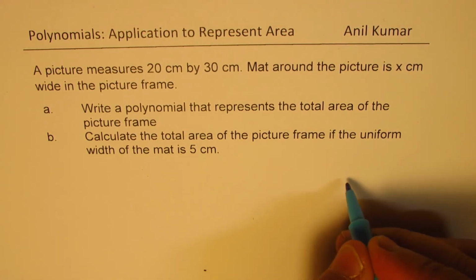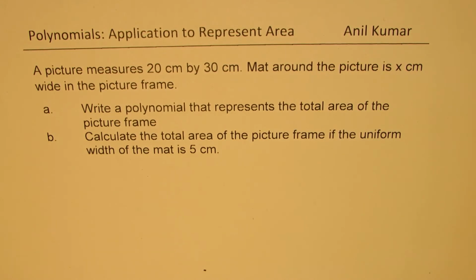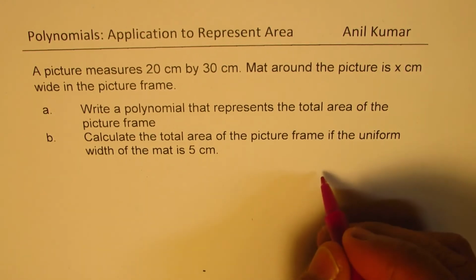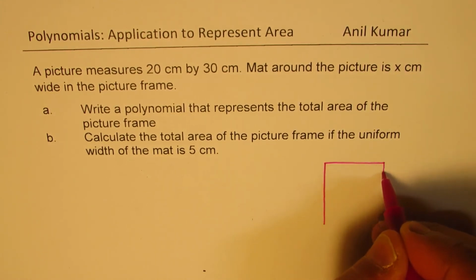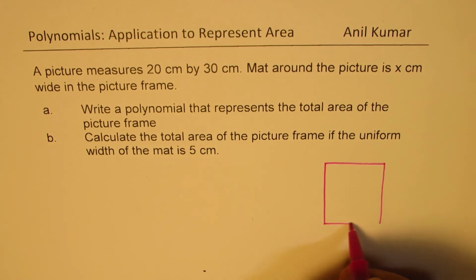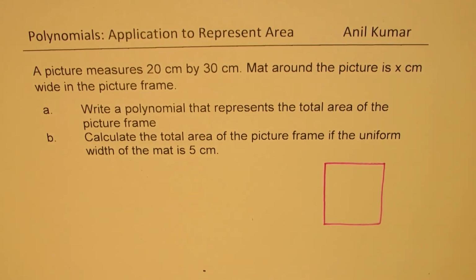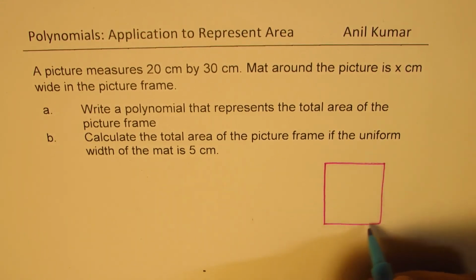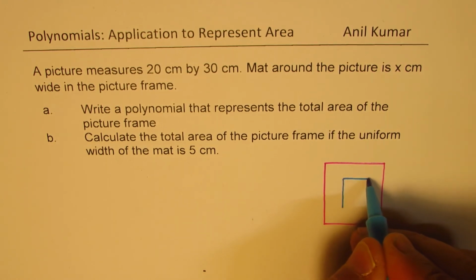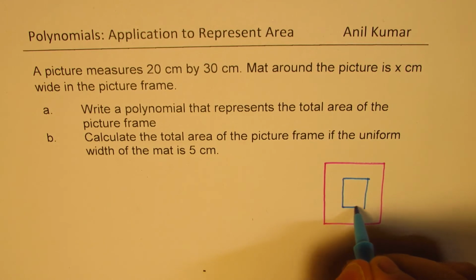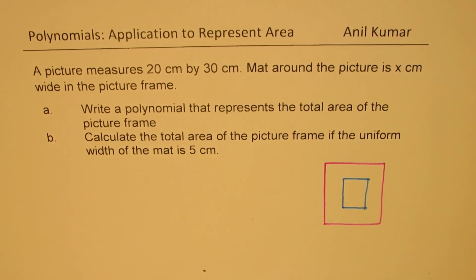Now, here we are talking about two things. One is a big picture frame. Let me just sketch one like this. Let's say this is a big picture. Now, within this picture, this is the frame of the picture. We have a picture which has uniform border, right? What does that mean?